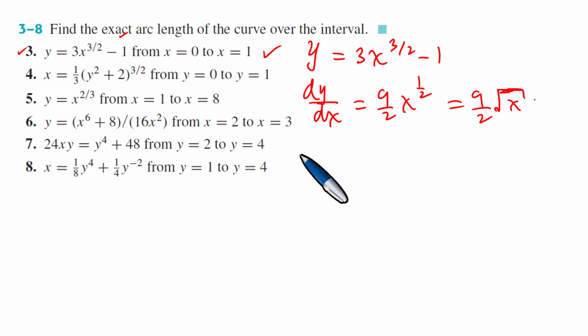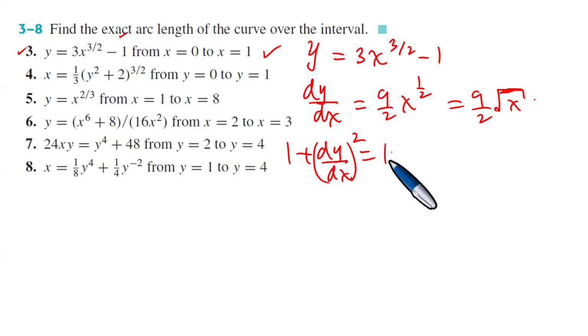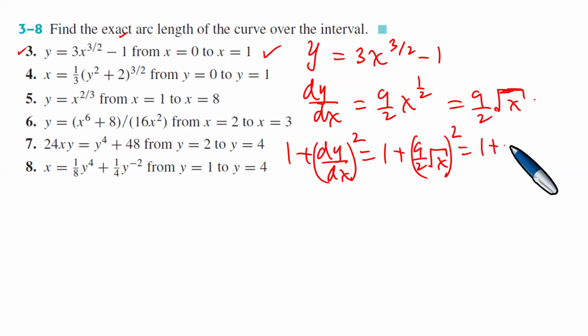Then 1 plus dy dx squared: 1 plus 9 out of 2 square root of x, squared. 1 plus 81 out of 4x. Because if you square 9, you get 81, and then you get exactly that one.